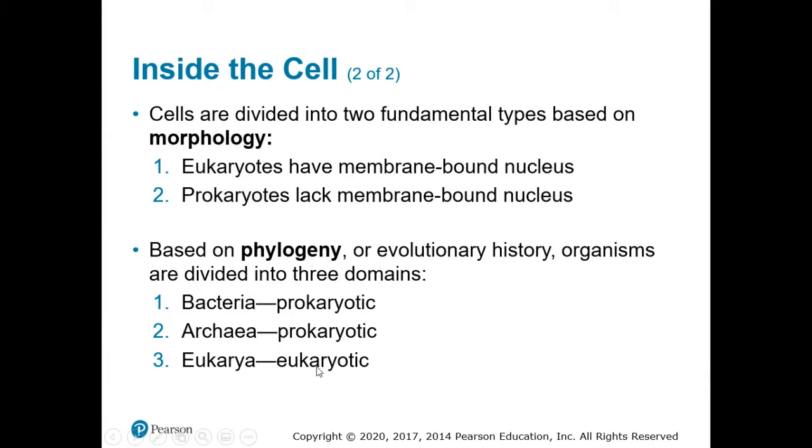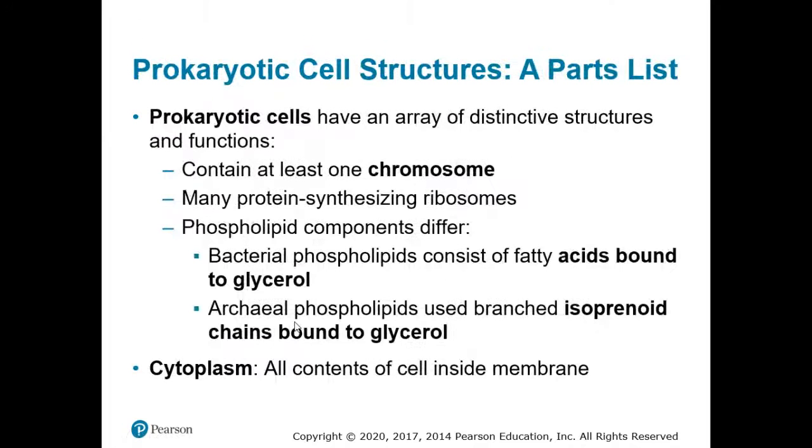So the basic difference between the two is that eukaryotes have a membrane-bound nucleus, and prokaryotes don't. Eukaryotes have membrane-bound organelles, and prokaryotes don't. That's the basic difference between the two.